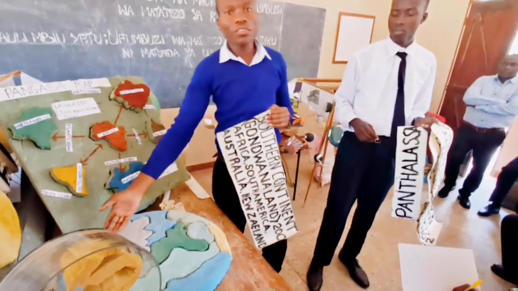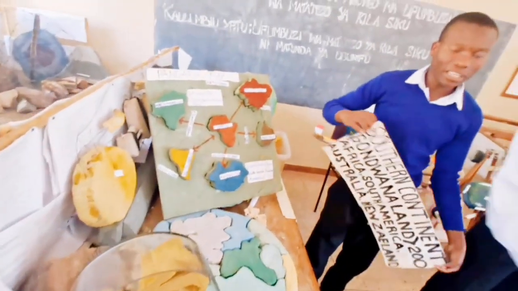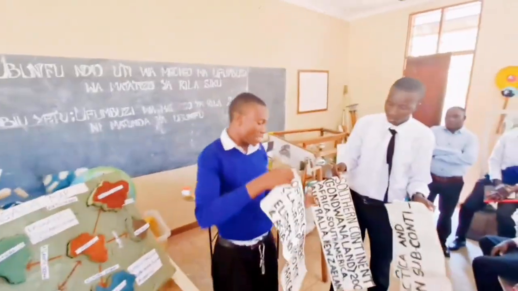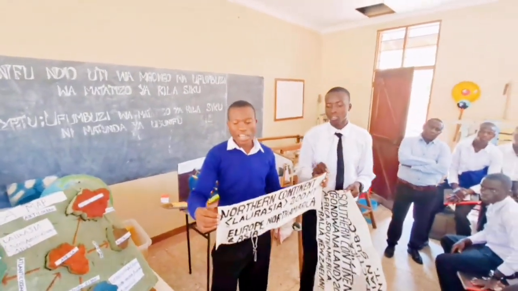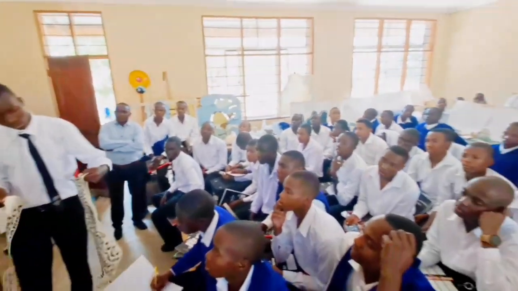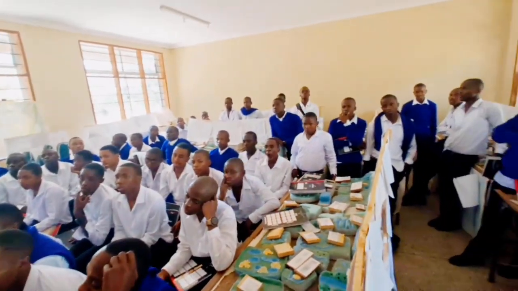We have also the northern part of Pangaea, which is Laurasia, is it? Yes. So Laurasia was the northern part after separation. Okay? After the continents separated, now you can see this model.